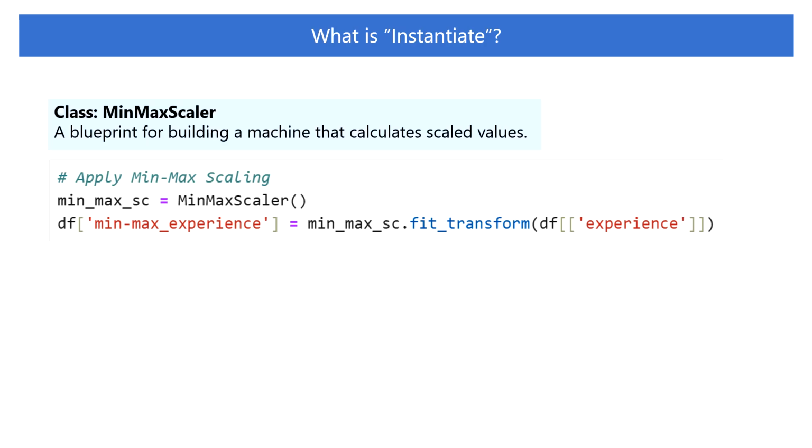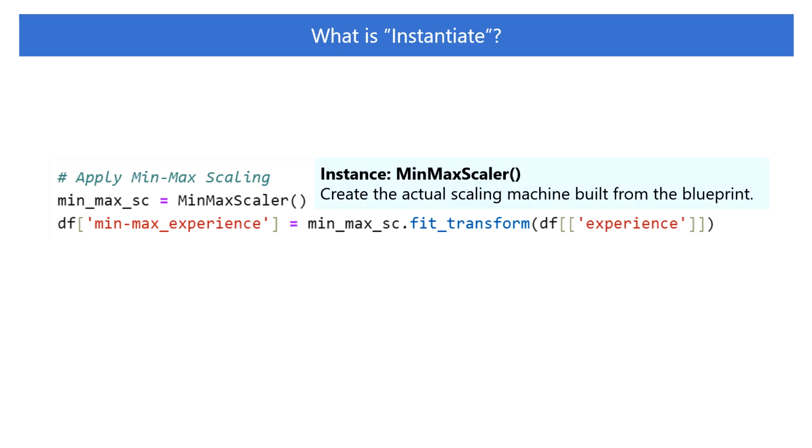Using an analogy, the class MinMaxScaler is a blueprint for building a machine that calculates scaled values. Creating an instance by MinMaxScaler with empty brackets, we create the actual scaling machine built from the blueprint.